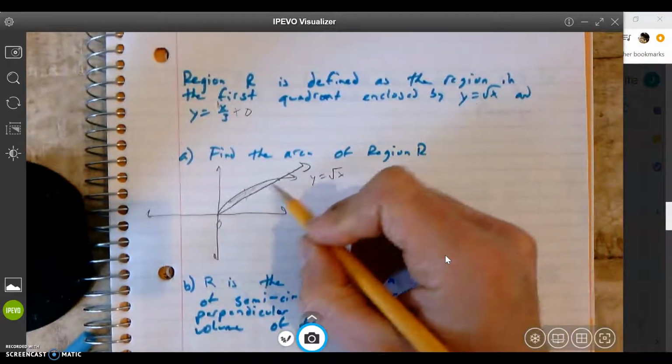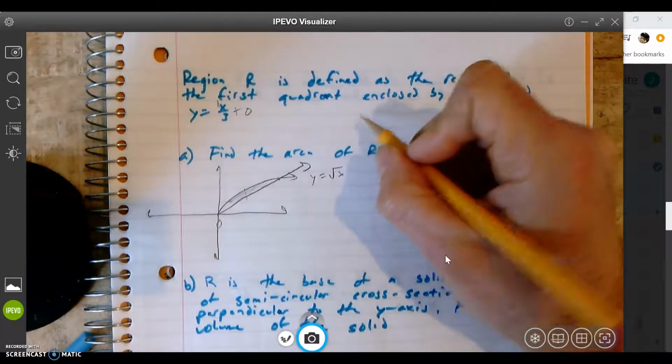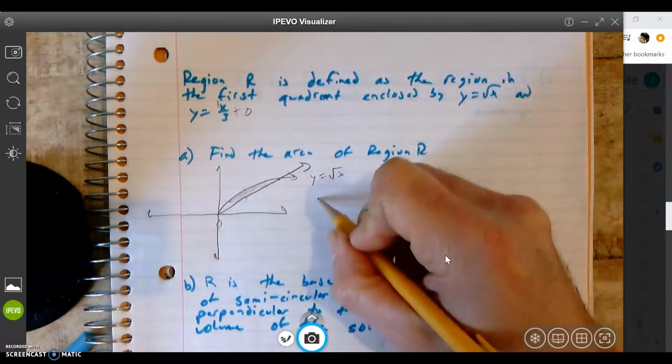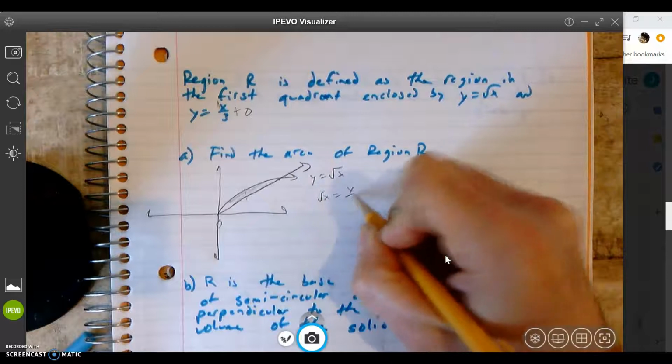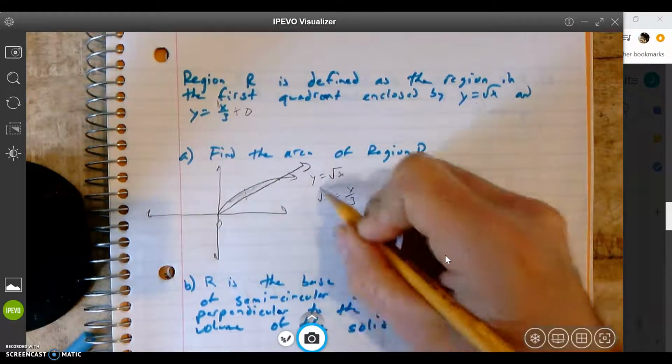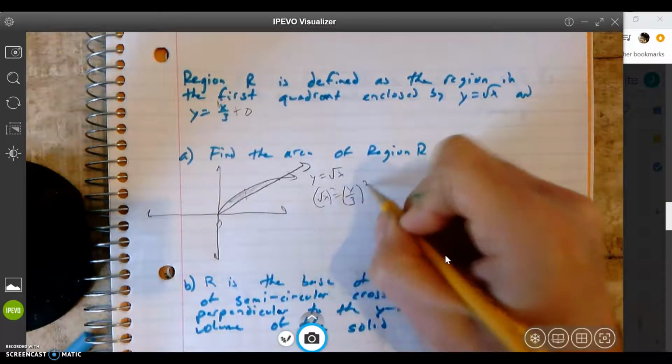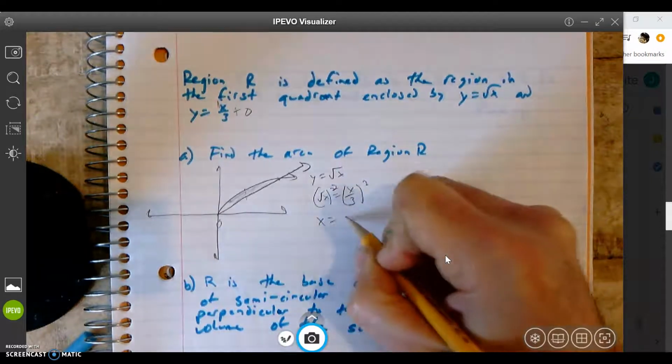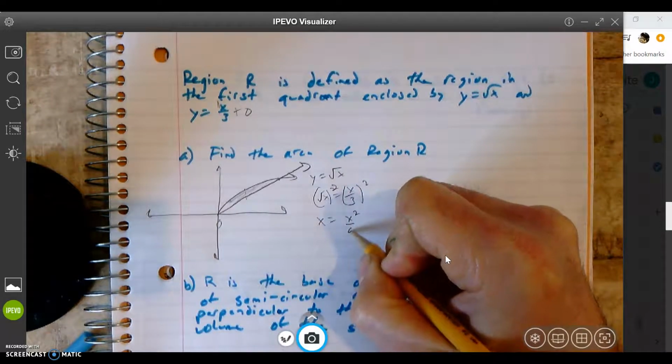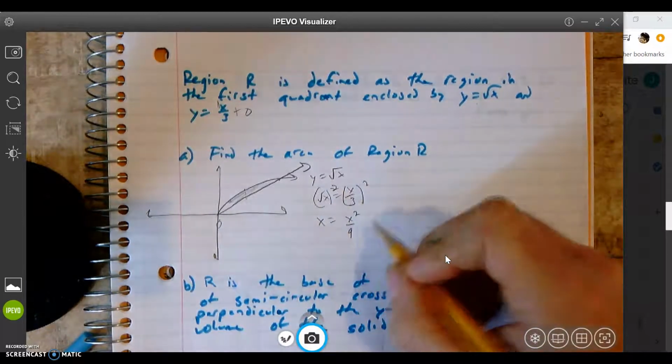See if you can do it. Pause the video. What's this point? Let's see. Radical x equals x divided by 3. Let's square both sides. X equals x squared divided by 9. Cool.